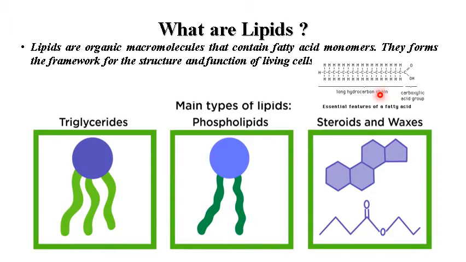This kind of chain could be linear and usually contains an even number of carbons. We have seen these things in the previous classes. The hydrocarbon chain which doesn't have a double bond we call saturated, and those containing a double bond we say are unsaturated.